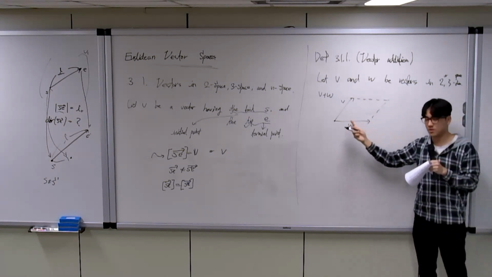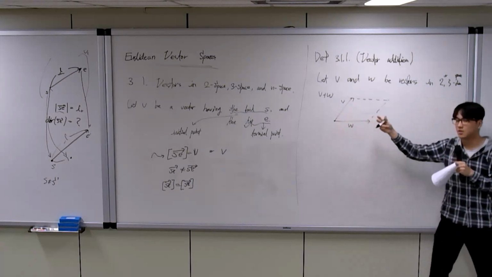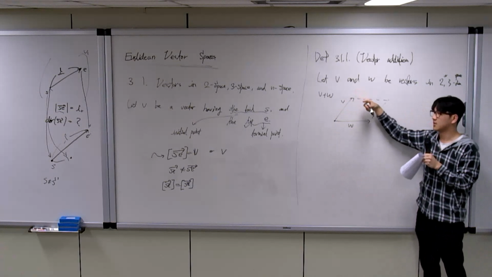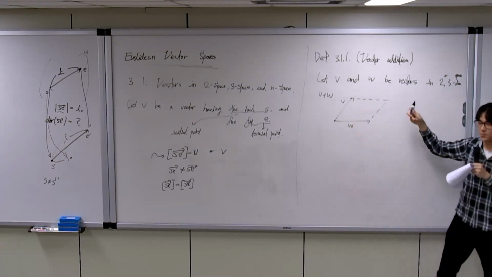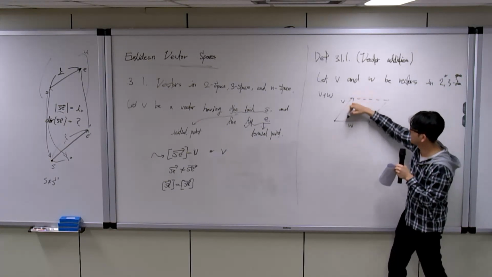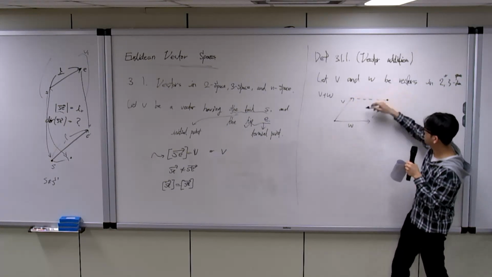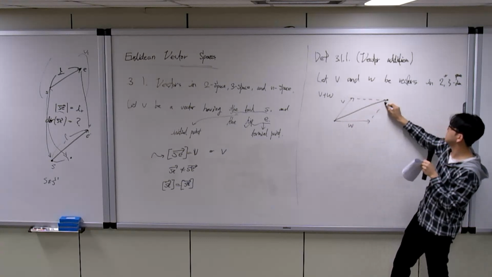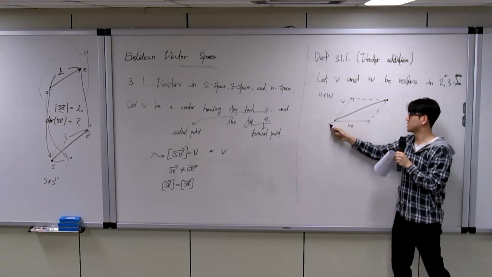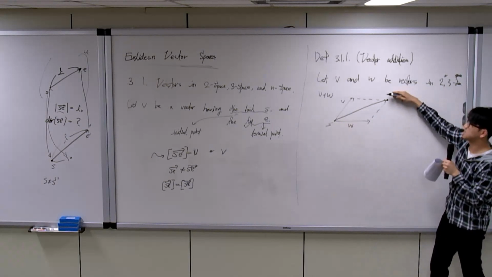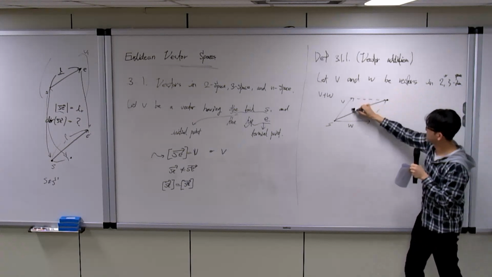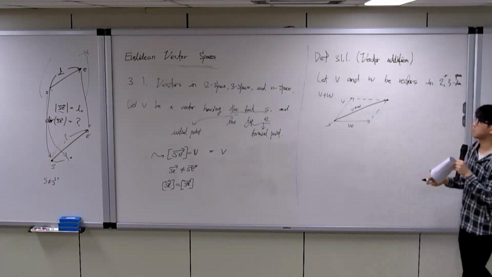If you have two vectors, you can draw the parallelogram using them, and the opposite point of the start point will be the end point of the vector v plus w.